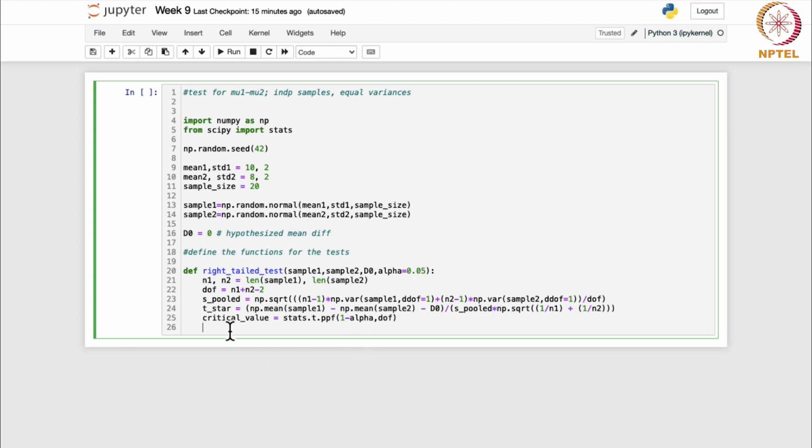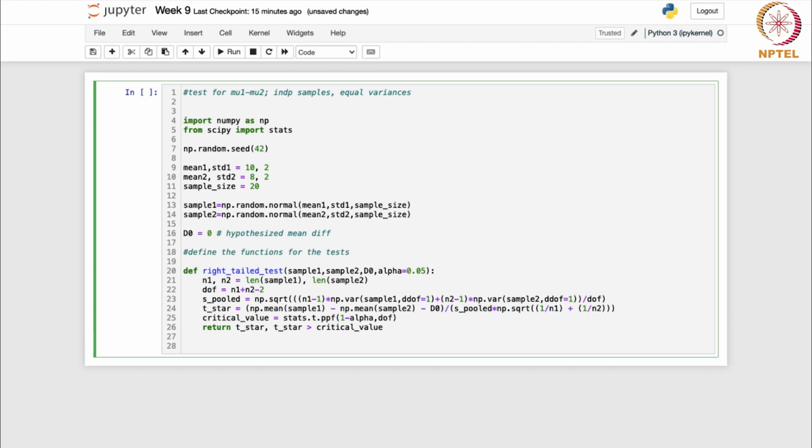I discussed it in the last lecture also. So what will it return? It will give you the t star value, and it will also compare your t star with the critical value. Okay, this is what we want. So this is for your right tail test, right? Because in the right tail test we reject the null hypothesis if t star is greater than your t alpha.